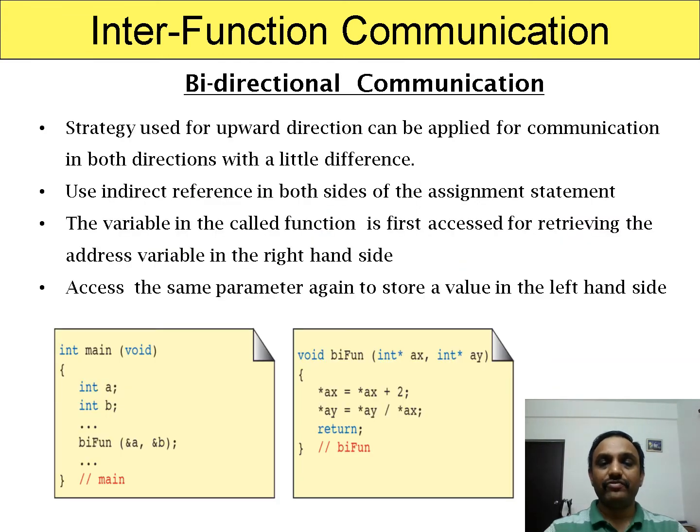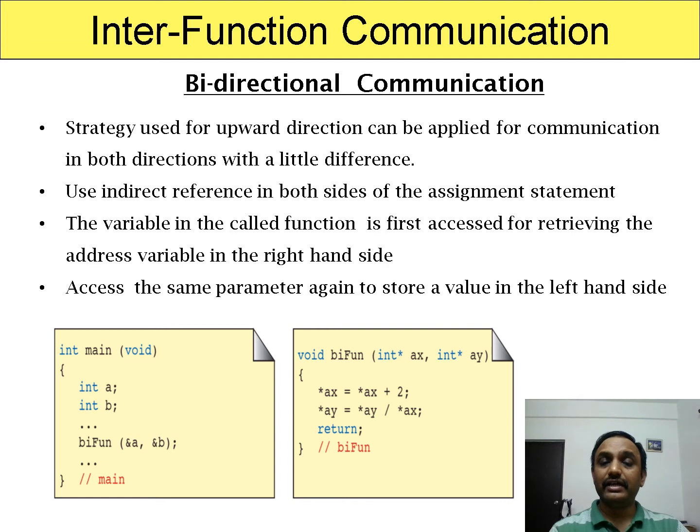Whatever strategy we followed in the case of upward direction, that is by taking address and dereference operator, the same thing we can use in bidirectional communication with a little difference. Here we are using indirect reference on both sides of the assignment statement.